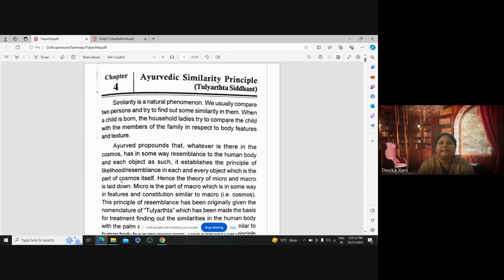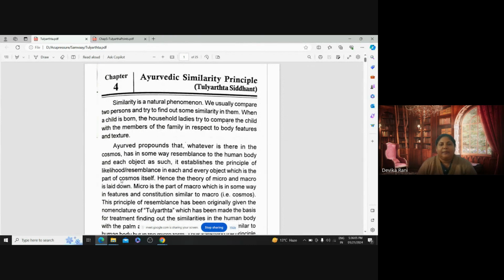In the same way, similarity exists in the cosmos as well, and between the cosmos and us. In the cosmos, we've got the five elements, we've got space, and there are certain laws governing the cosmos. That is the macro picture, the macrocosm.